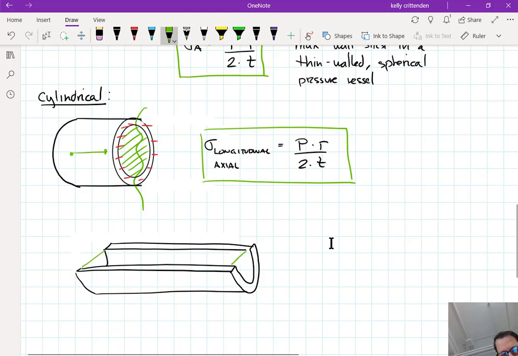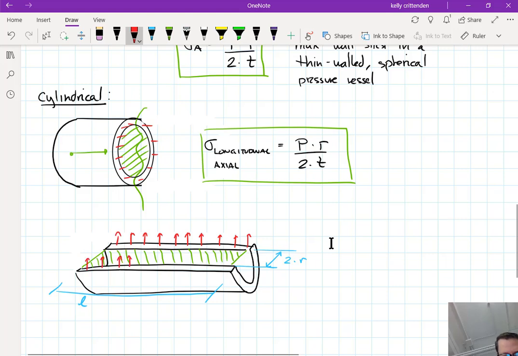This would be the green, the same green that we had before, where the internal pressure is on this area here. This area would be however long the pressure vessel is, so maybe L, and this distance would be, I'm going to keep things in terms of radius, so this is 2 radius, internal radiuses. So it's the diameter, internal diameter, but I don't want to have a diameter in the equation, so I'm going to say 2 times R. And then the stress in here is on these walls, and again over here.